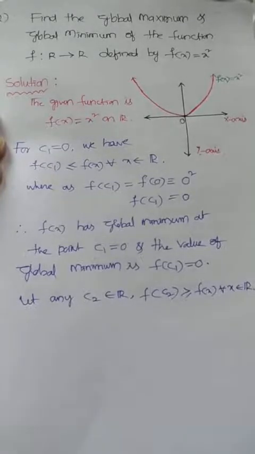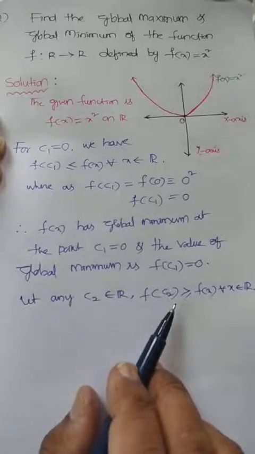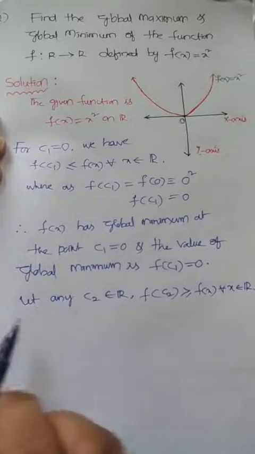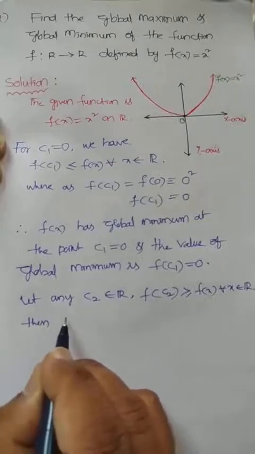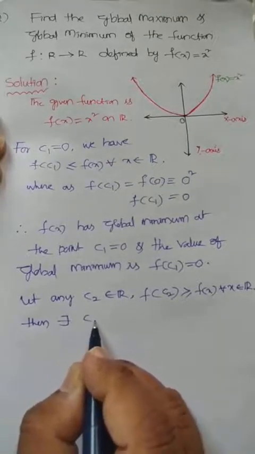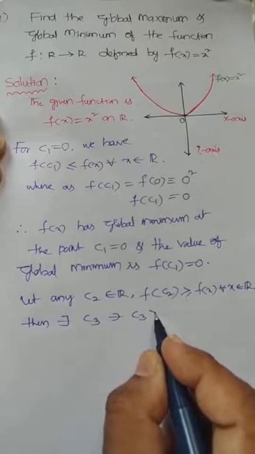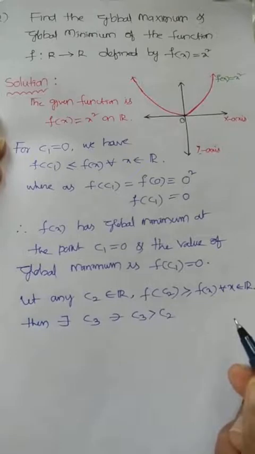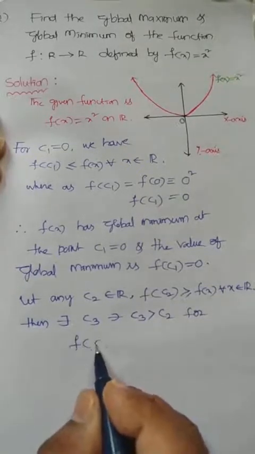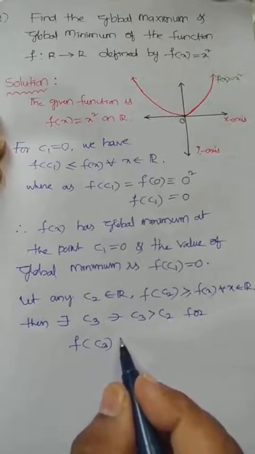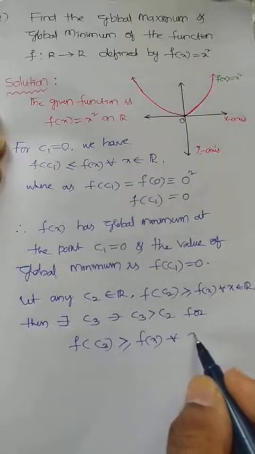Suppose this c2 follows the global maximum condition, then there exists a c3 such that c3 is greater than c2 for the condition f of c3 is greater than or equal to f of x for all x belonging to R.